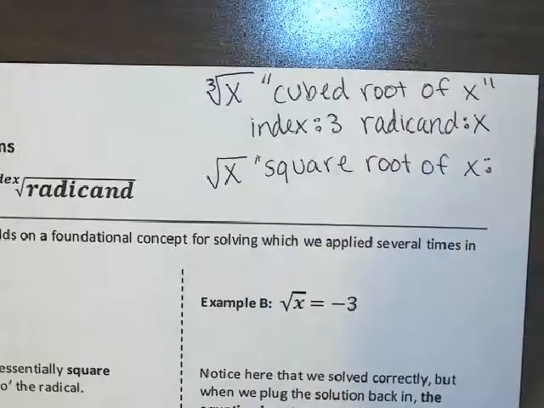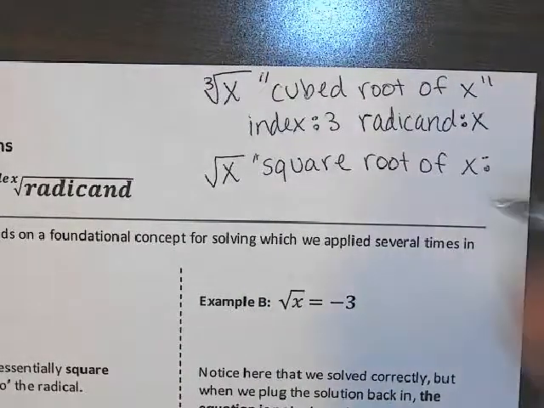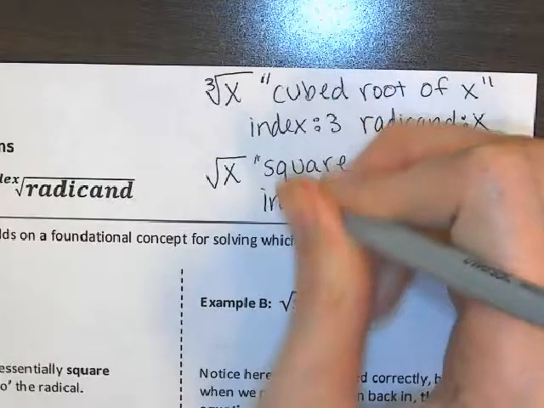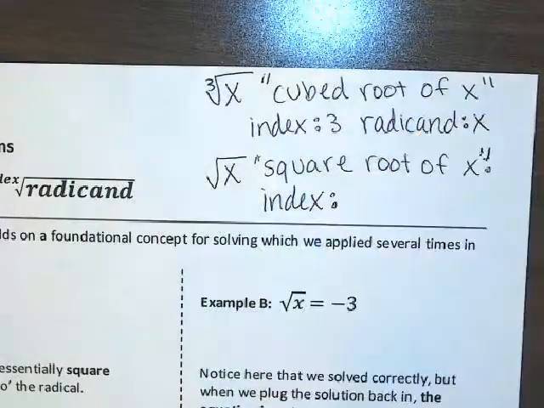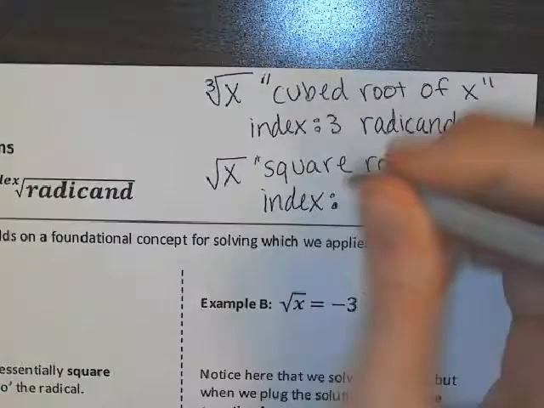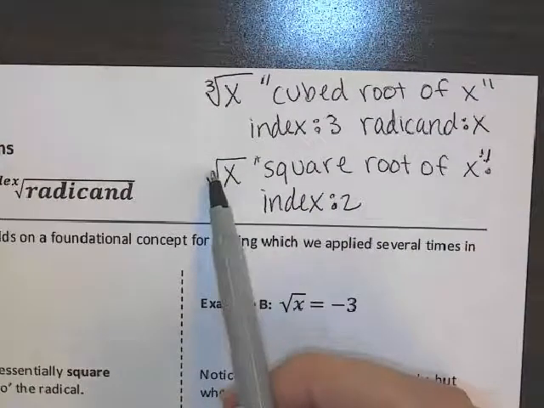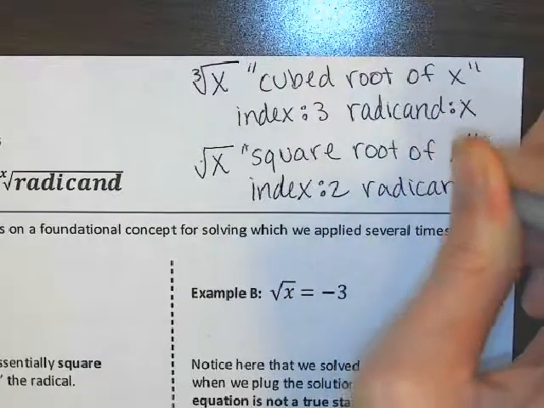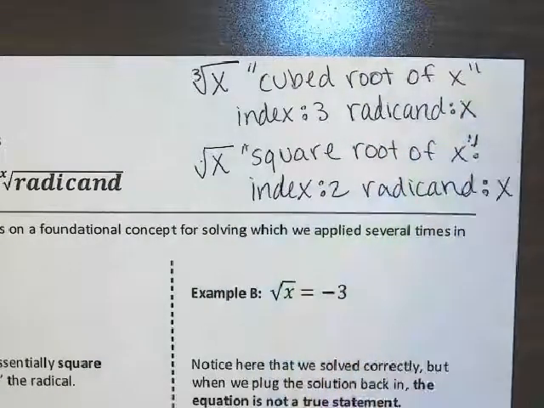I don't know why I put a colon there. I meant to put the little quotation marks. My bad. Okay, so what's the index on this one? It's a 2, because remember the square roots have an invisible index of a 2 here. And then the radicand is again an x. So in case you forget, when you hear me say the word index radicand, at least you know what I'm talking about.